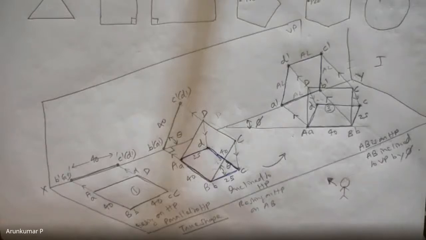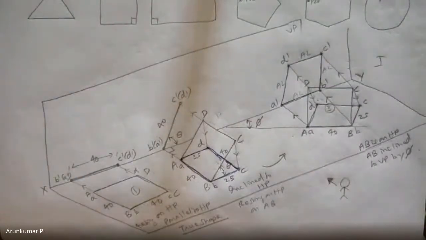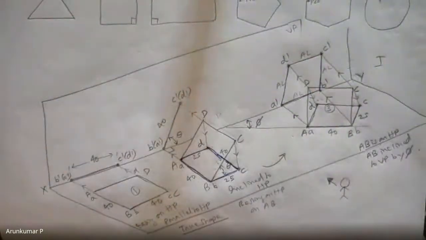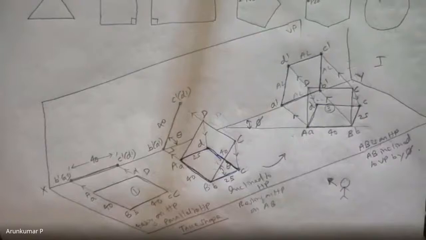We'll take the same problem as that of the square. Only thing is we'll give the statement of the problem and the values of theta, phi, and all very clearly. So please take down the statement of the problem.